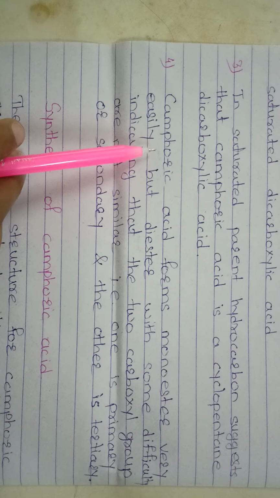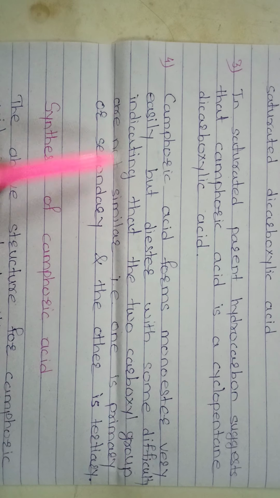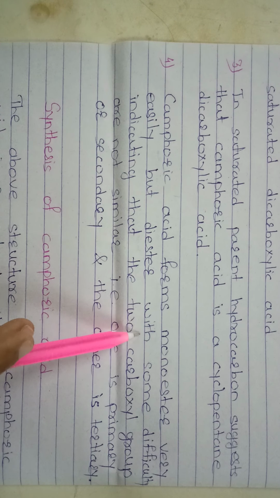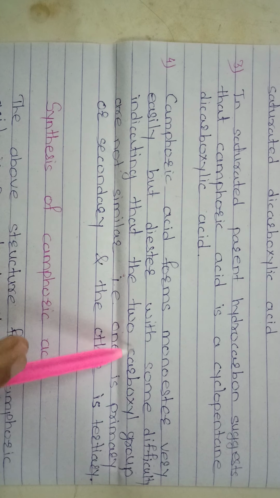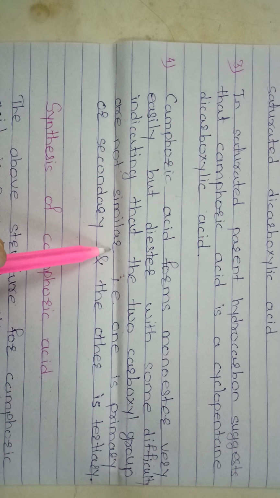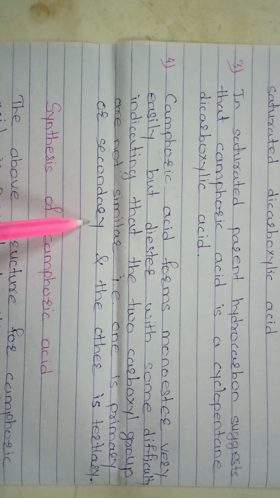Fourth, camphoric acid forms the monoester very easily but the diester with some difficulty, indicating that the two carboxylic groups are not similar, that is, one is primary or secondary and the other is tertiary.